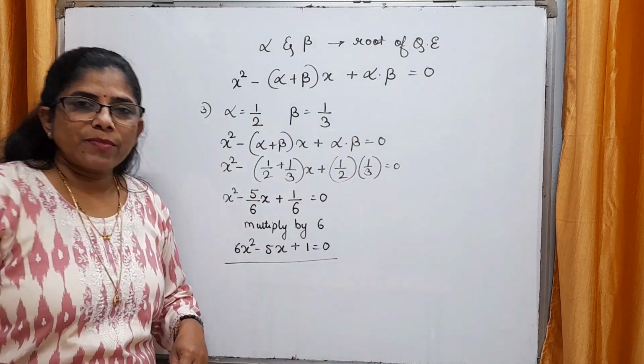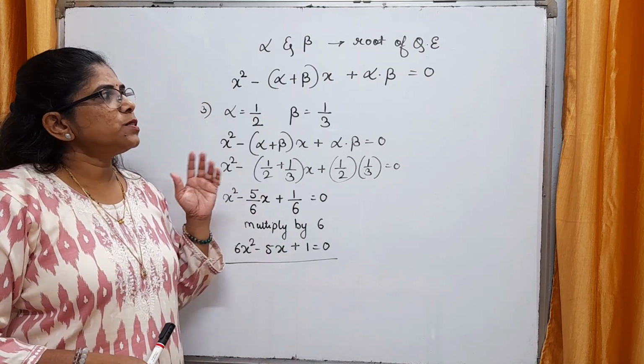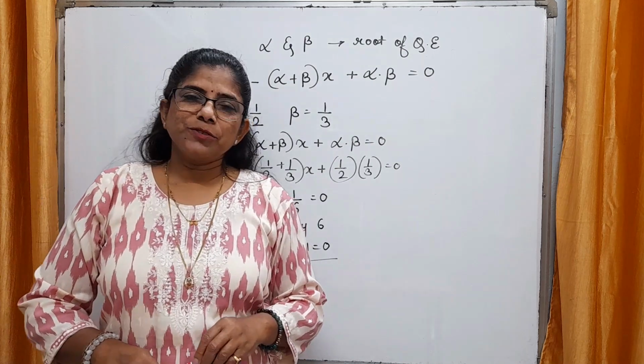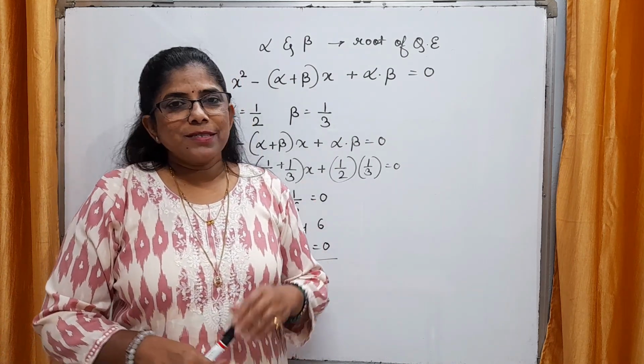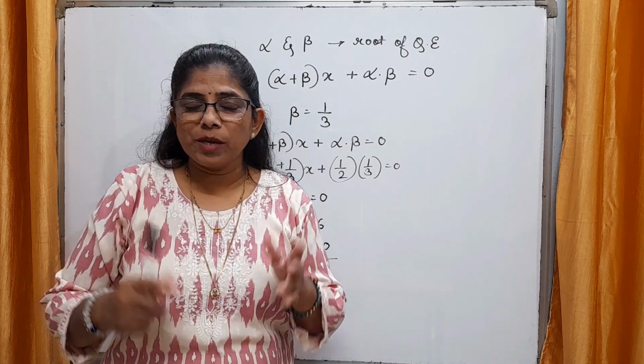Now as I said, I'll tell you something important at the end of this video. This was all about quadratic equation, but the same type of question is asked regarding polynomials. The only thing there is, instead of quadratic equation, they use the word quadratic polynomial.